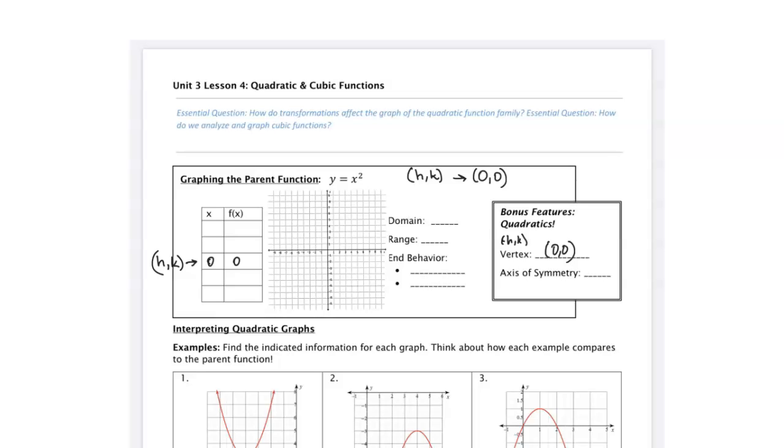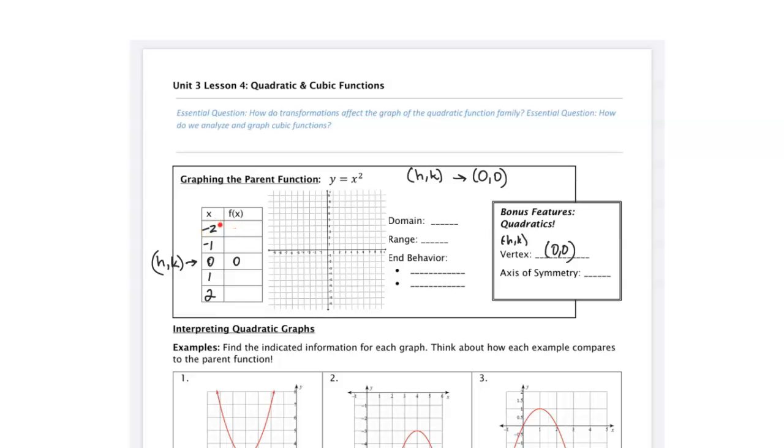From there, we're going to come up with x values that are around the 0. Smaller than 0 are -1 and -2. Bigger than 0 are 1 and 2. From there, we're going to fill in our table of values.